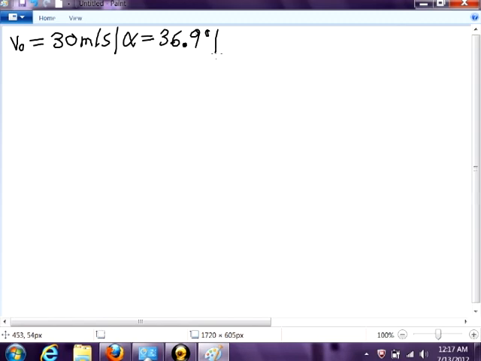Okay, and now we're also going to specify some directions. We're going to say that the up direction is equal to the plus y direction.